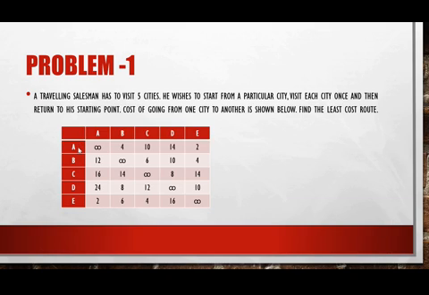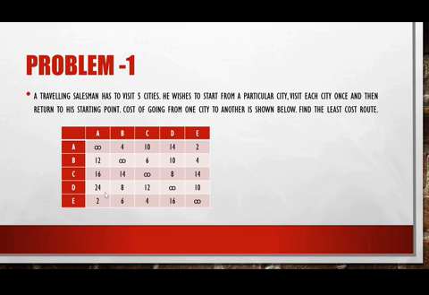So the given cost matrix is: first row, that is from A to A infinity, A to B 4, A to C 10, A to D 14, A to E 2, B to A 12, B to B infinity, B to C 6, B to D 10, B to E 4, C to A 16, C to B 14, C to C infinity, C to D 8, C to E 14.